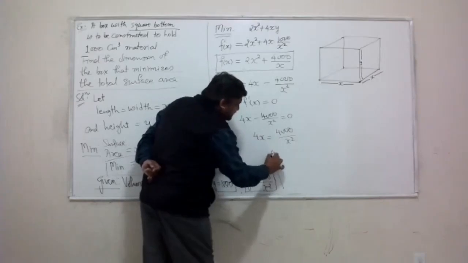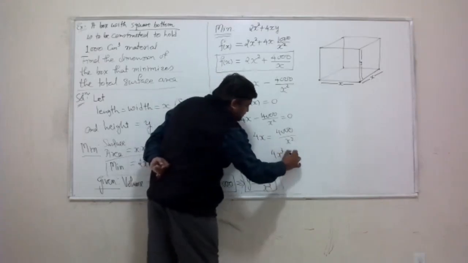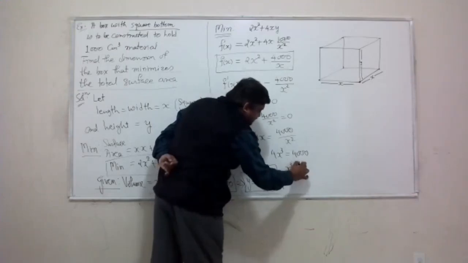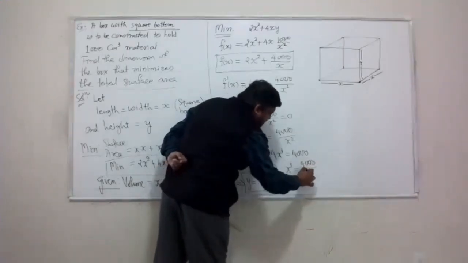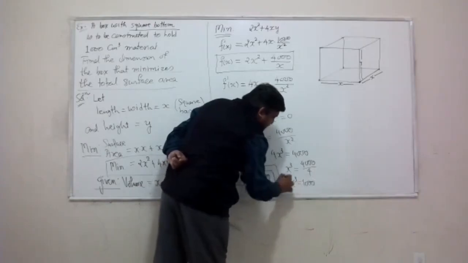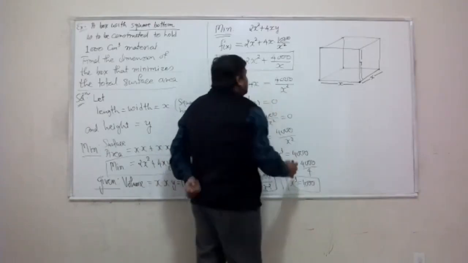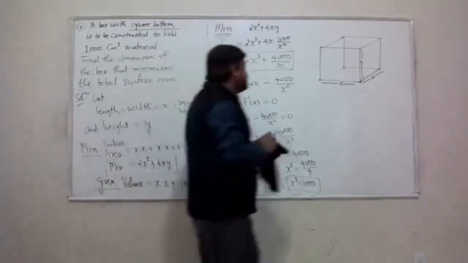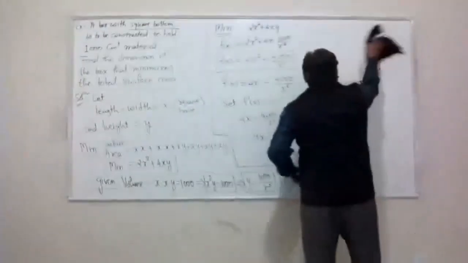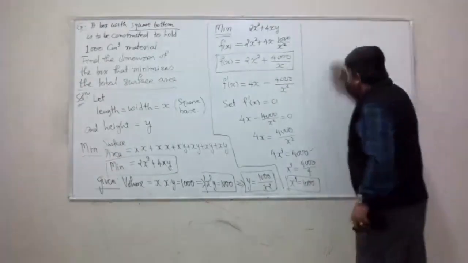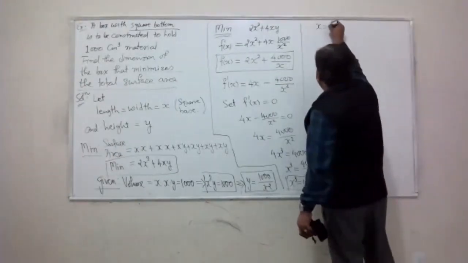Send this x squared over the other side. Looks like I get x cubed equal to 4000 over 4, and this is going to be 1000. Do we know the cube root of 1000? Well, the answer should be yes. The cube root of 1000 is 10. All right, this means x must be 10 units.